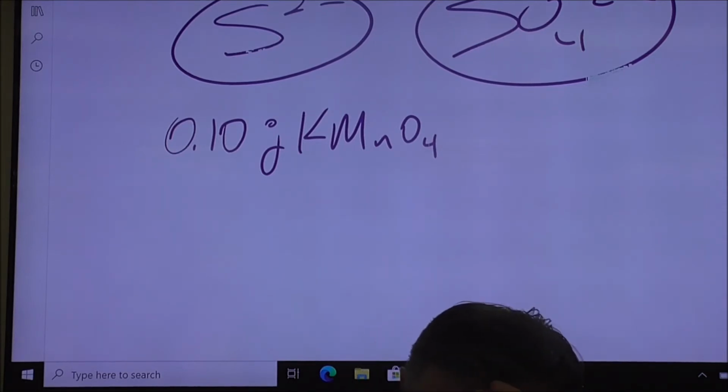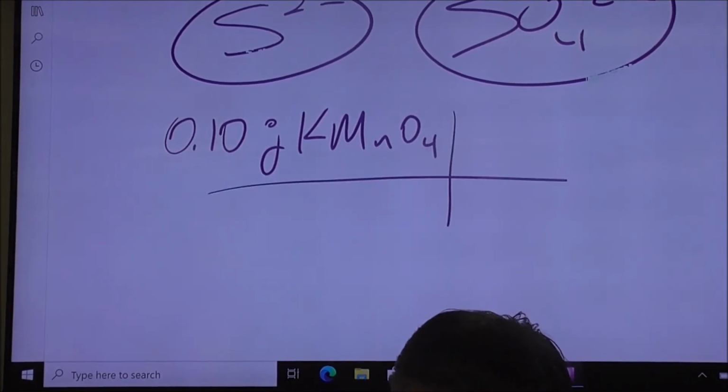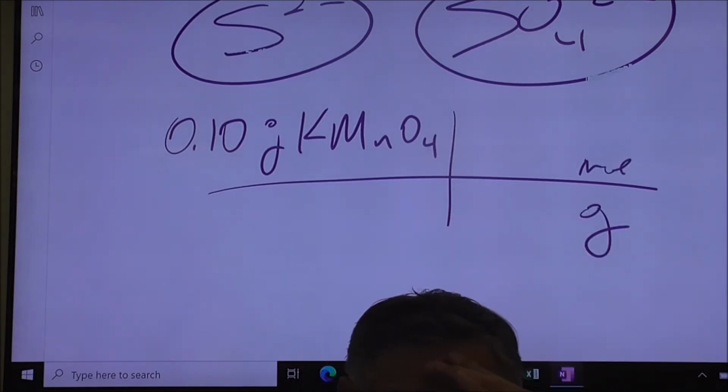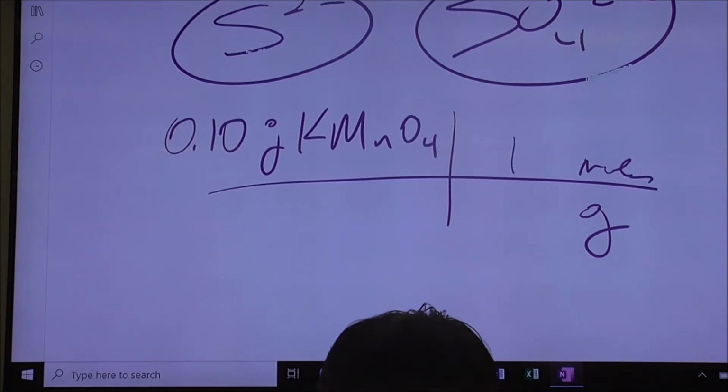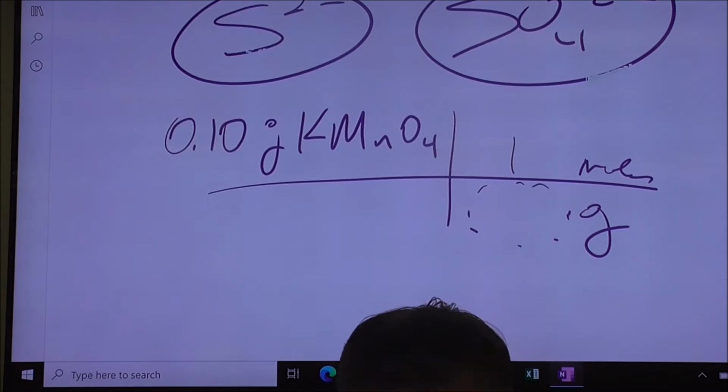So I want to convert grams into moles. Remember, I'm going to put grams here and moles up here if that's 1 mole. How do you know what to put down there? Cancel out the units. Yep. Where are you going to look to find that number? Periodic table.